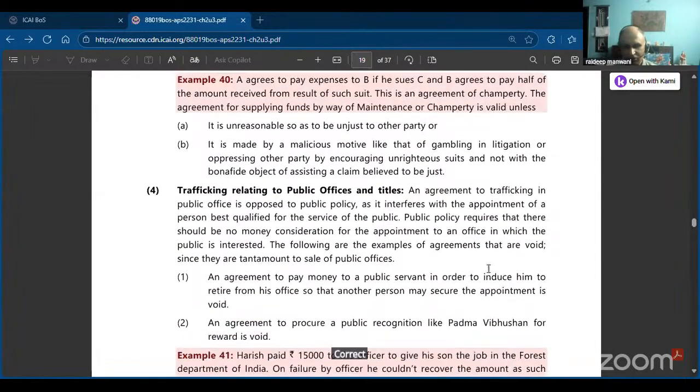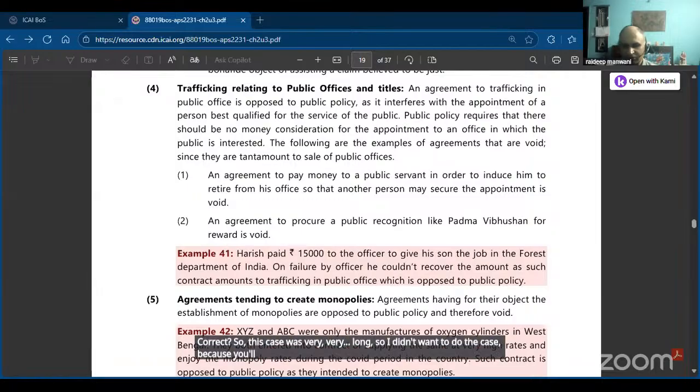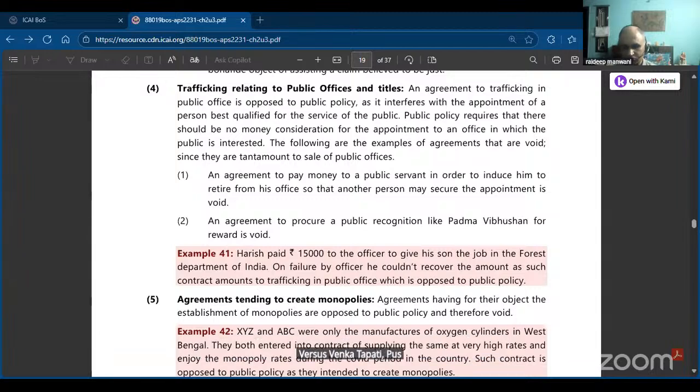So this case was very, very long, so I didn't want to do the case because you will get very confused with the names. It was Raja Vasireddy Venkata versus Venkatapati Pasupati Raju.